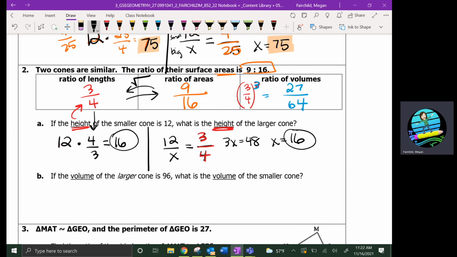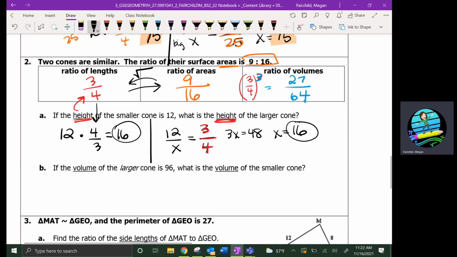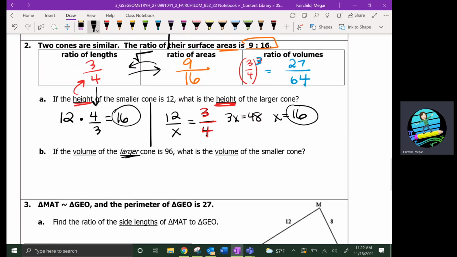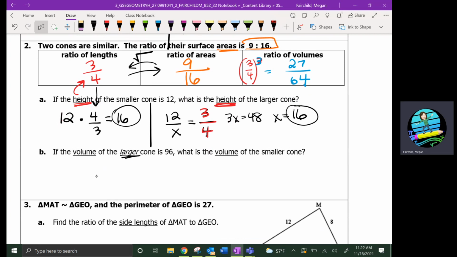That's when you're dealing just with lengths. If you're dealing with volume, and on this one they try to trick you, they're giving you the larger cone, although it's in italics. The larger cone is 96. I'm going to use the volume ratio because it says volume. So please use the ratio that has to do with what you're finding. You would do 96 times 27 over 64, which would give you one answer.